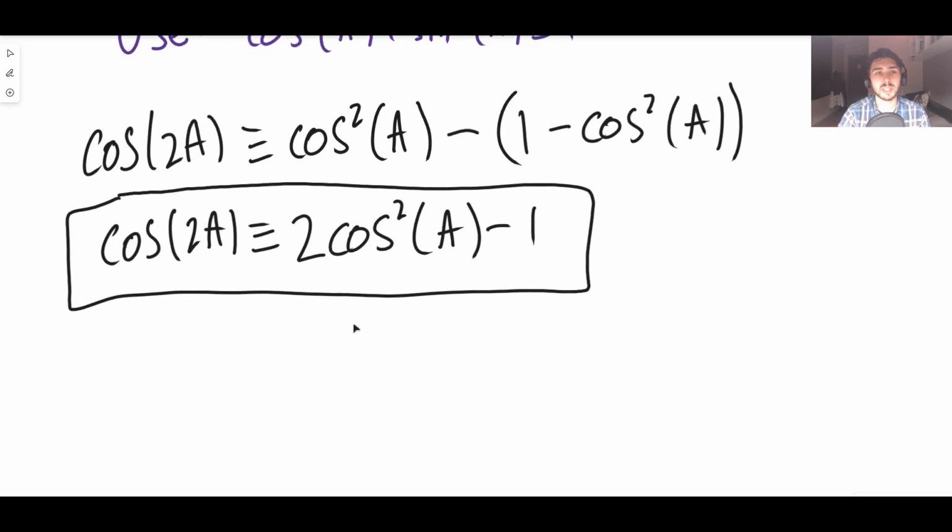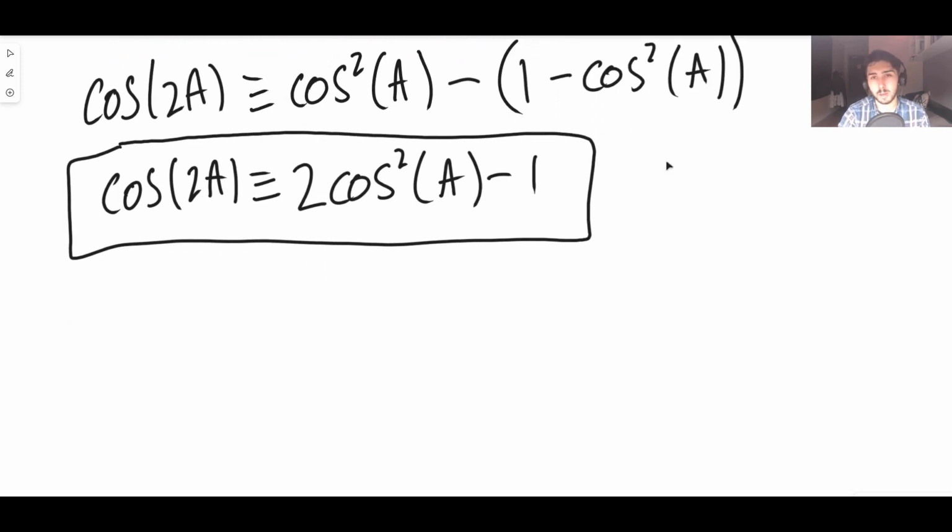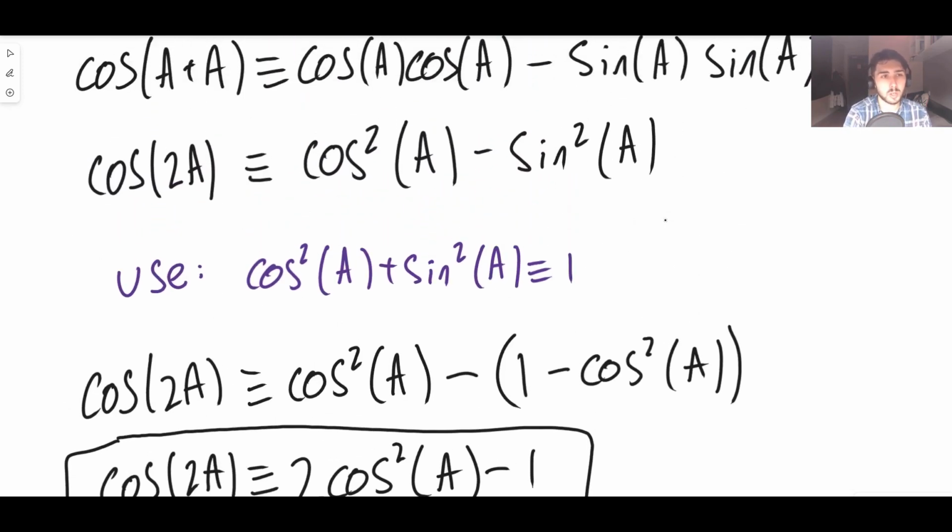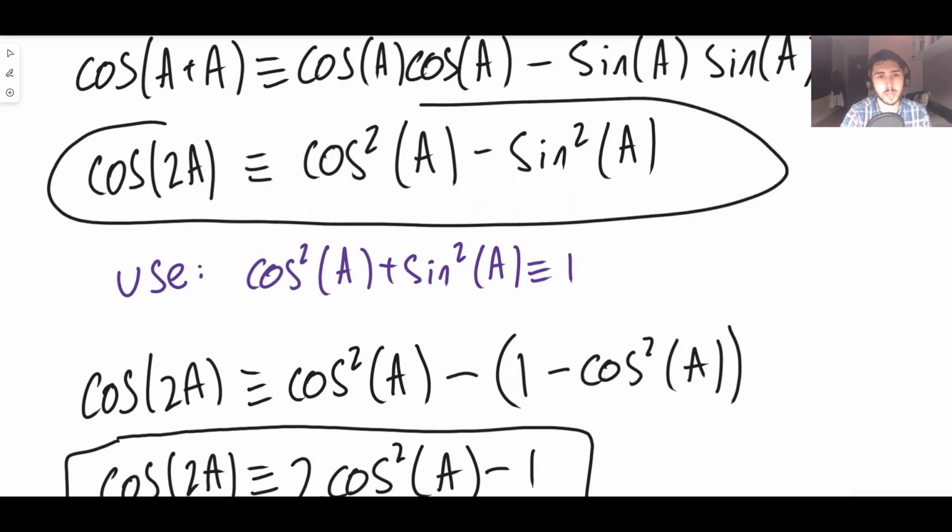Well, we do the same thing. If I go back up, we can see this was our initial one. This time, let's replace cos squared with 1 minus sine squared, because again, cos squared is just 1 minus sine squared. If you imagine taking sine squared away from both sides, you get cos squared is 1 minus sine squared.